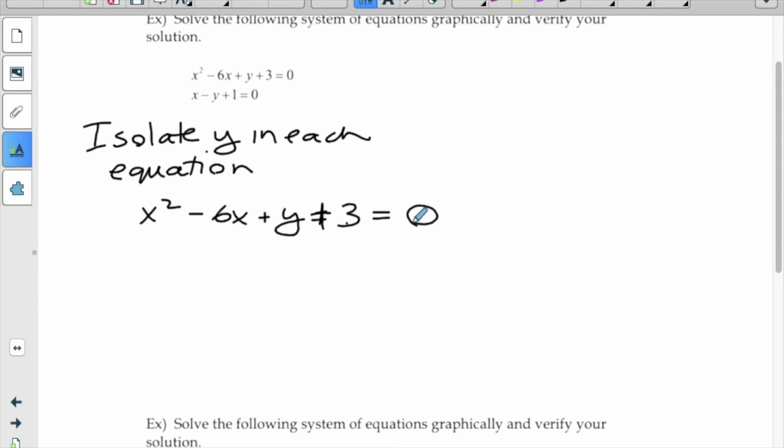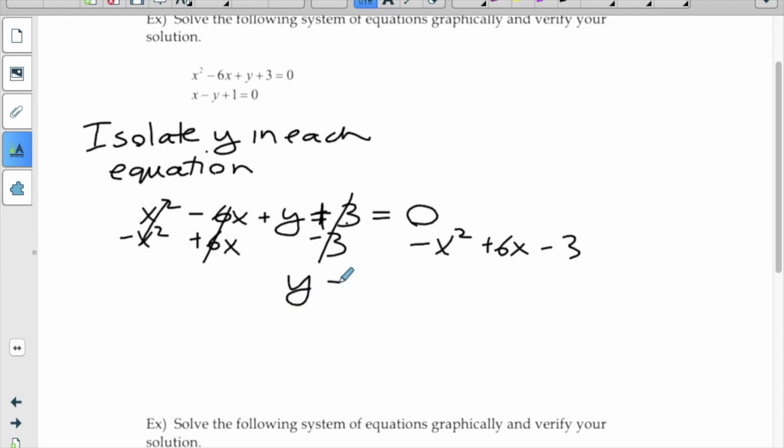Because remember, y has to be positive. So y is already positive, so I'm going to leave it where it is. So I'll subtract x squared, add 6x, and subtract 3. Minus x squared plus 6x minus 3. Okay, so these all go away, and I get y equals negative x squared plus 6x minus 3.